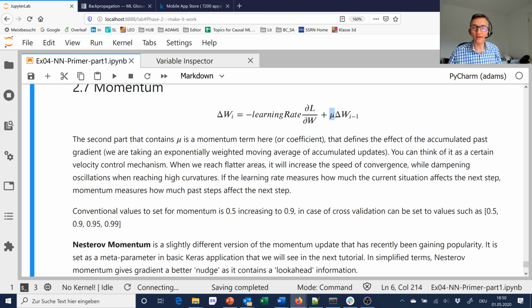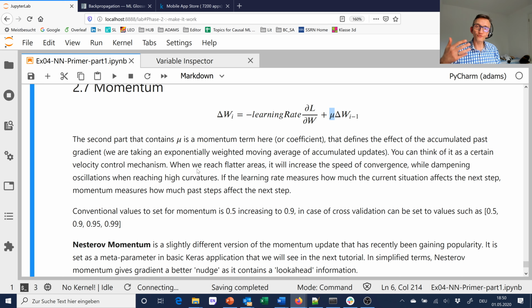So very often you will have an opportunity to set a momentum term, this mu parameter, because an algorithm would incorporate a momentum term. In a nutshell, you can think of that as a velocity control mechanism.